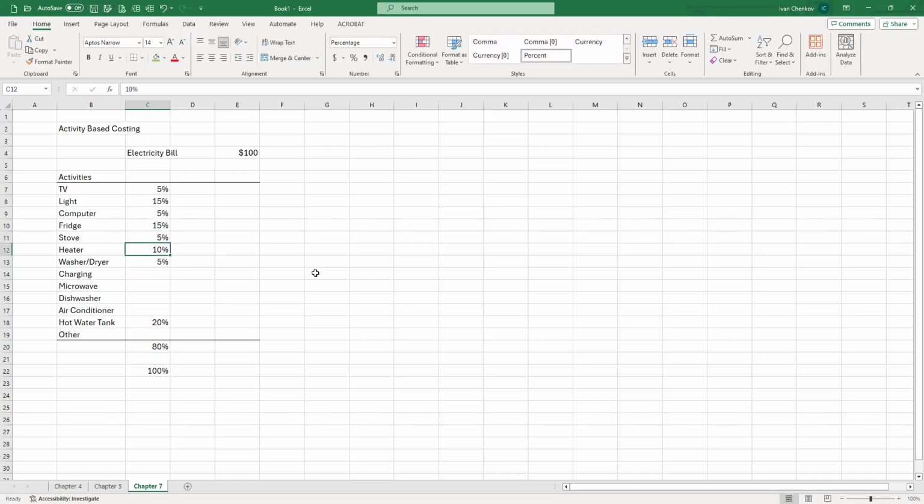Right, stove 5%, heater 10%, washer dryer 5%, charging probably 2%, microwave 2%, dishwasher that's going to take let's say another 4%, and we have air conditioning. Right now, probably we're not going to use much air conditioning. Let's put 5% here. Now we have 7%.